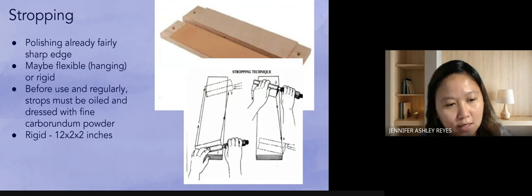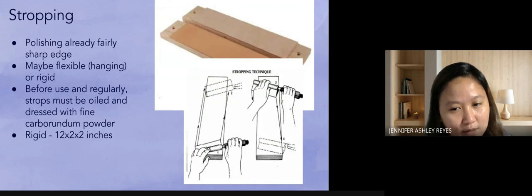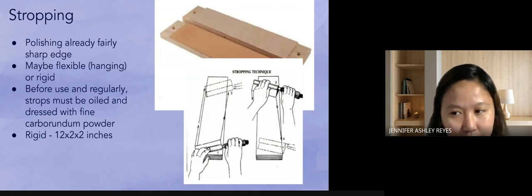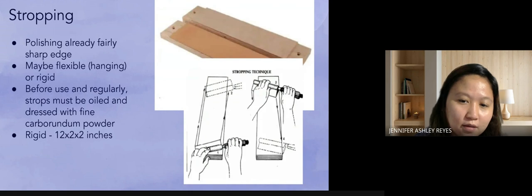The stropping method can either be flexible or use a rigid structure. The rigid ones are usually 12 by 2 by 2 inches in size.